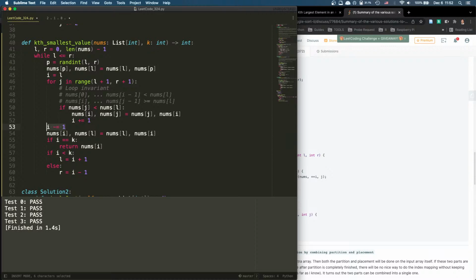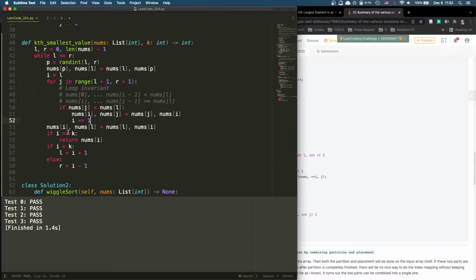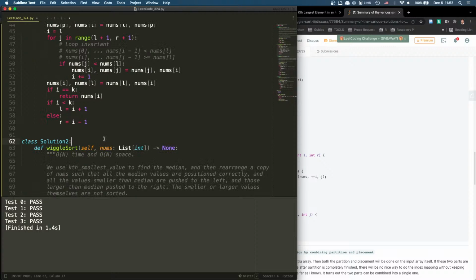So we're going to swap I and L. And we say if I is equal to K, the case. Otherwise, okay, so I modified this. Let me try again. All right.